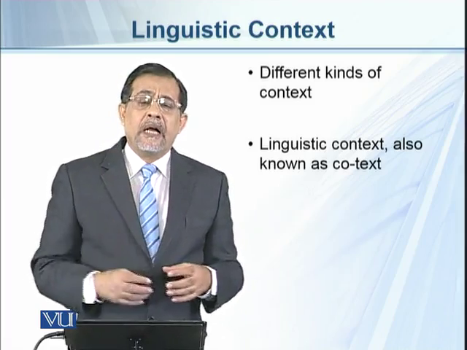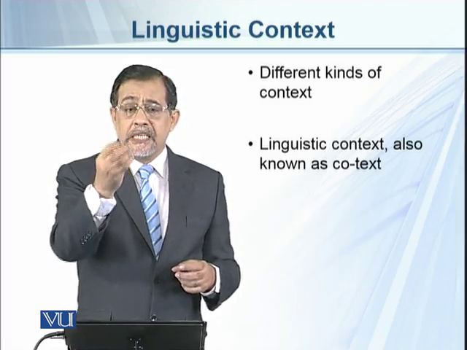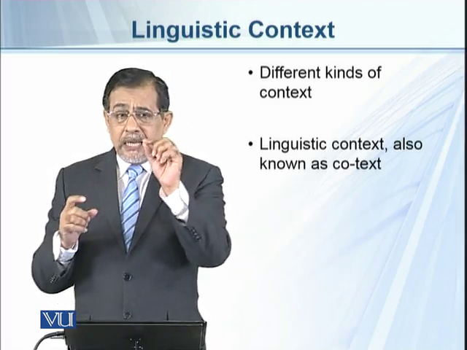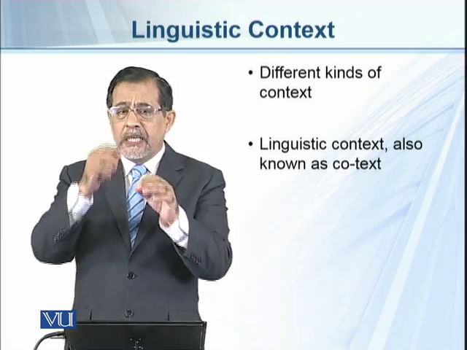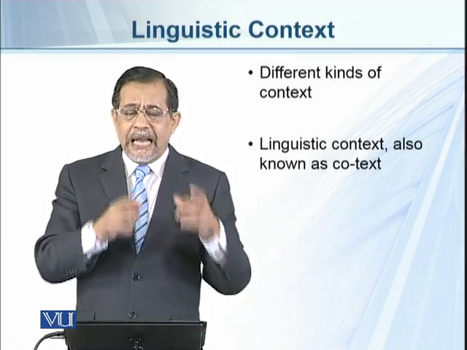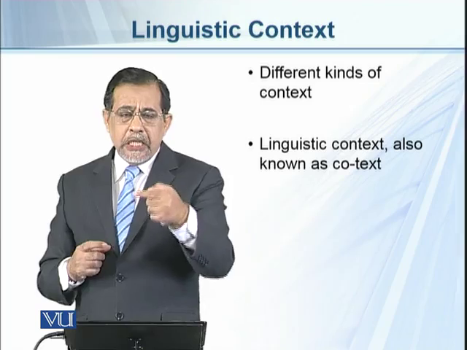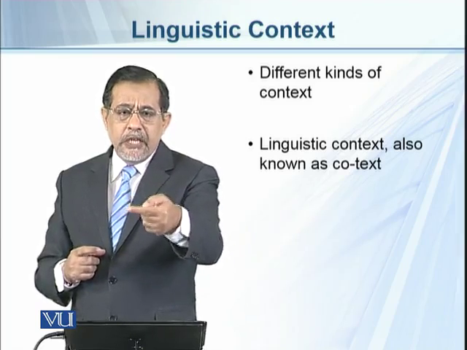For example, if I say that I like to eat dates, here the word date has to be taken as something that is eaten, right? So the word eat has helped others to understand what I actually mean by the word date.